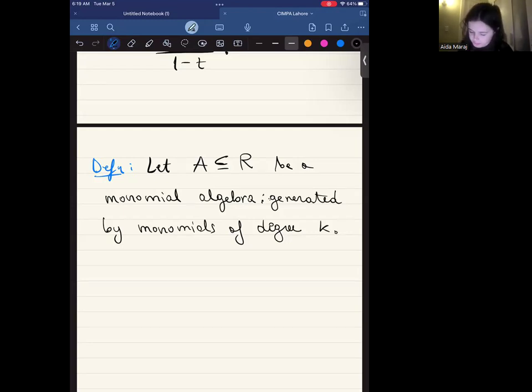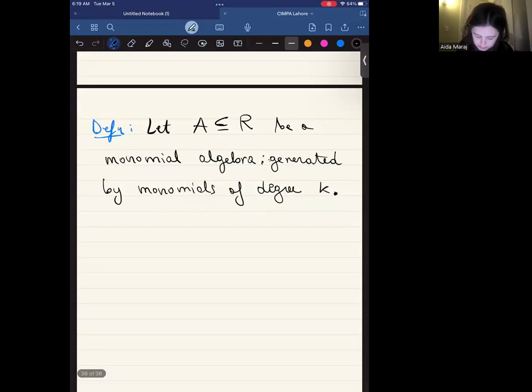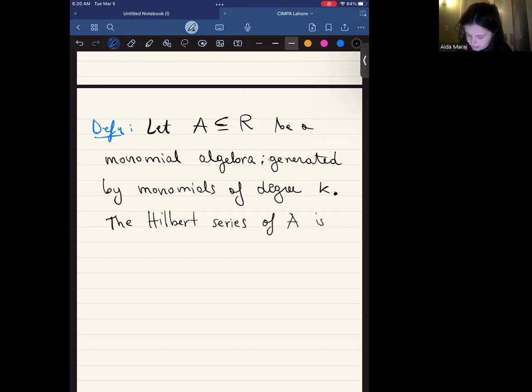So then the Hilbert series of A, H_A of T, is the sum of the dimension over the field K of A in degree K times D, times T to the D, for D greater or equal to 0.